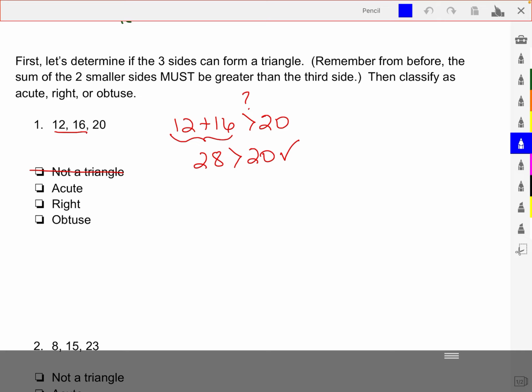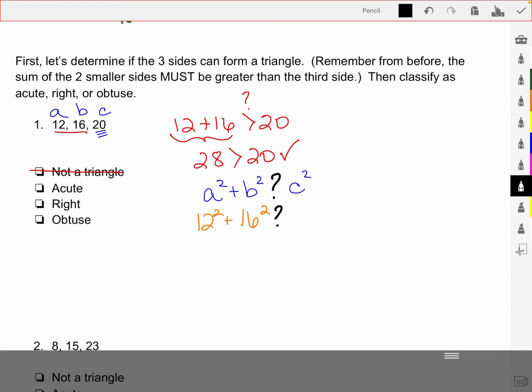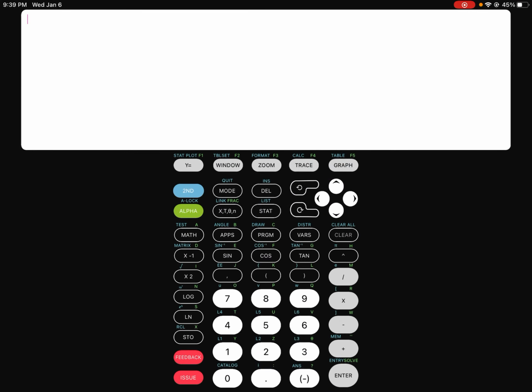Now let's figure out which kind. So a squared plus b squared, how does that compare to c squared? These are in order, a, b, c. c is always the biggest. If you mix up a and b, it doesn't matter. So 12 squared plus 16 squared, how does that compare to 20 squared? 12 squared plus 16 squared is 400.